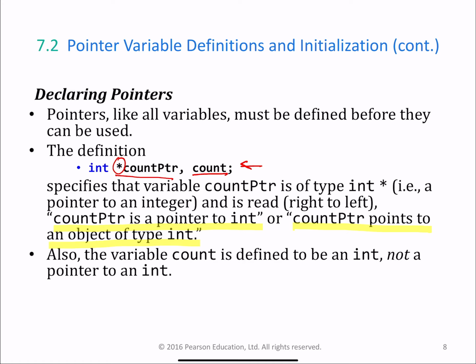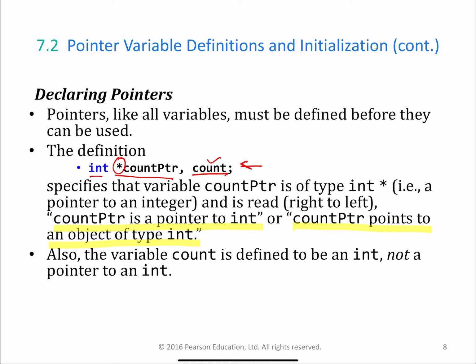Not only that, pointer variables can be of different types, depending on what type of variable they're pointing to. So this one in our example, count pointer, points to variable count, which is of type integer.